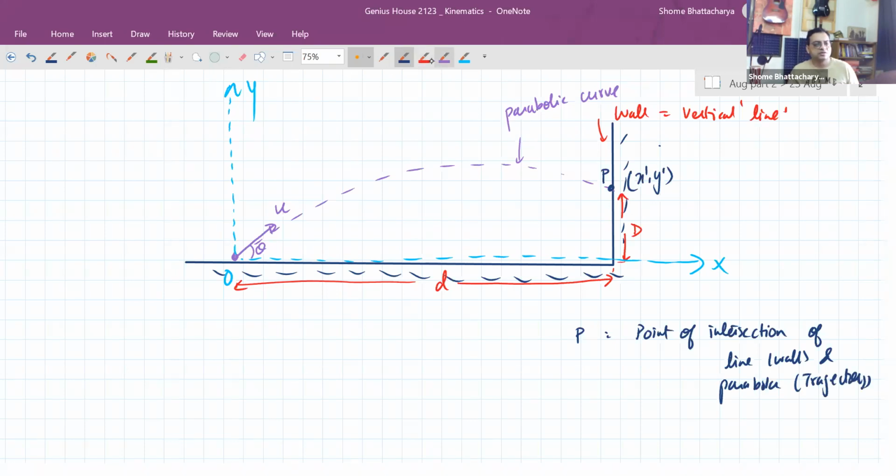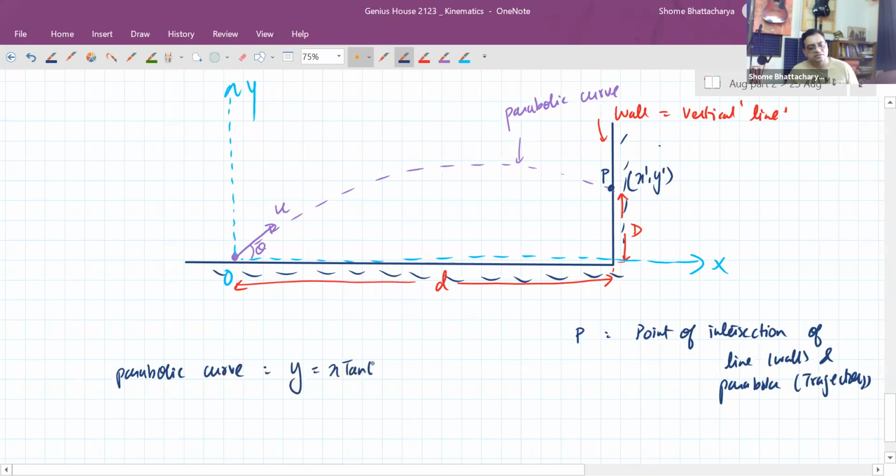Given the values, we know that the equation of trajectory, the parabolic curve, is given by this formula: y is x tan theta into 1 minus x divided by R. Here tan theta is tan 45, which is 1, and R is u square sine 2 theta divided by g, which is 50 square into 1 divided by 10. So you can see it is 250 meters.